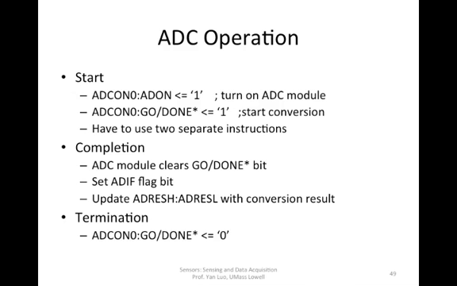You can enable the interrupt and write an interrupt service routine, so you don't have to do polling, because polling actually takes CPU cycles. You have to keep checking that bit. As a result, you cannot do anything else. And you can terminate the ADC by writing a 0 to the go/done bit.